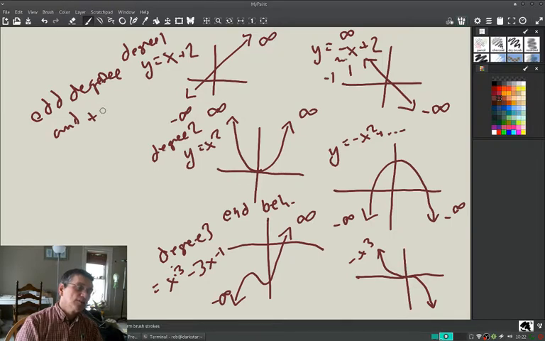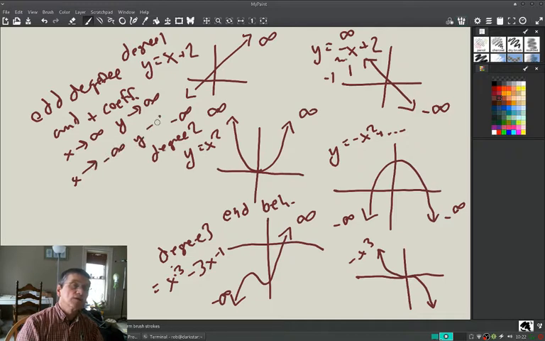And positive, then I will actually say, because we're doing the definition: positive coefficient, then as x goes to infinity, y goes to infinity, and as x goes to minus infinity, y goes to minus infinity.